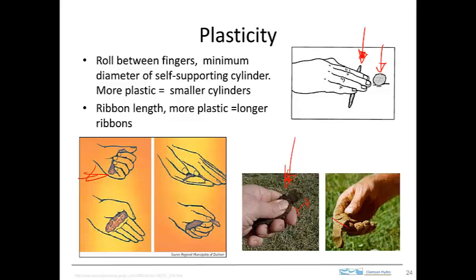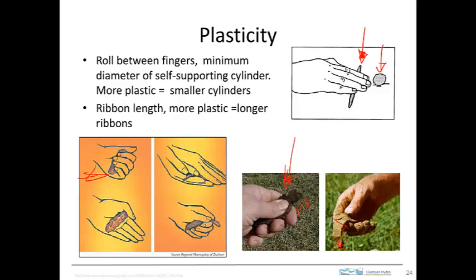You can see it goes from there to there. And so the ribbon is going out, and it's being loaded by its own weight. The stronger the soil is, the more plastic it is, the longer the ribbon you can have, because the longer it gets, the more load it's under, and the more stress that the ribbon is under.